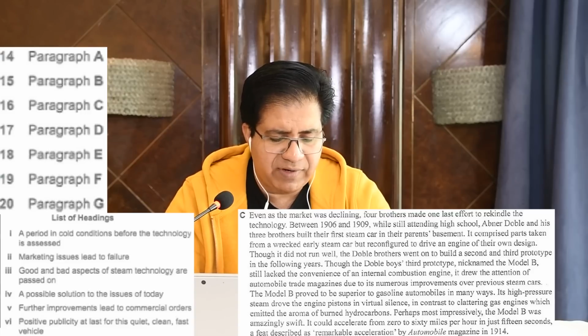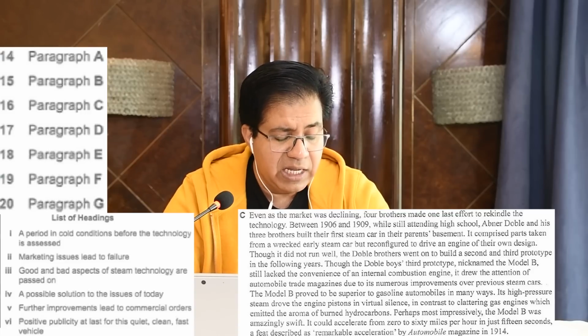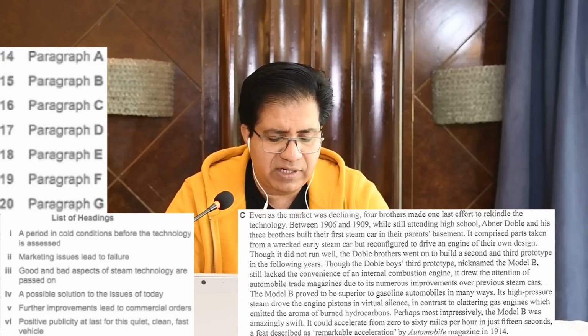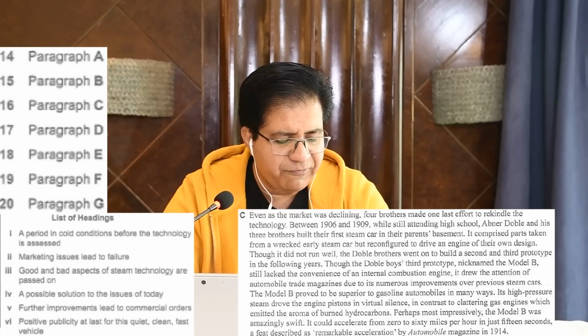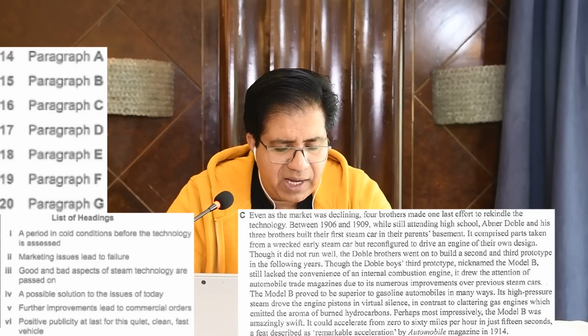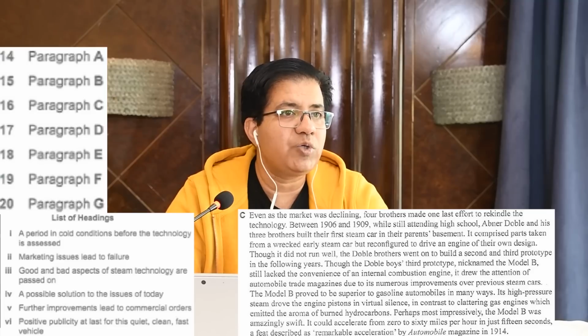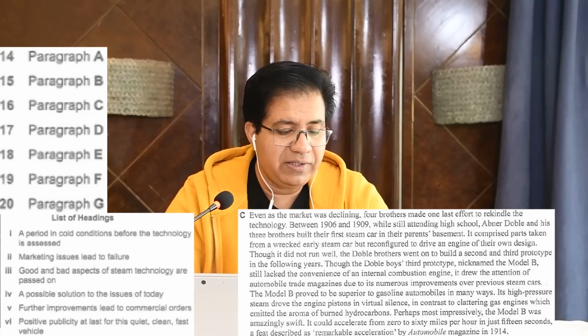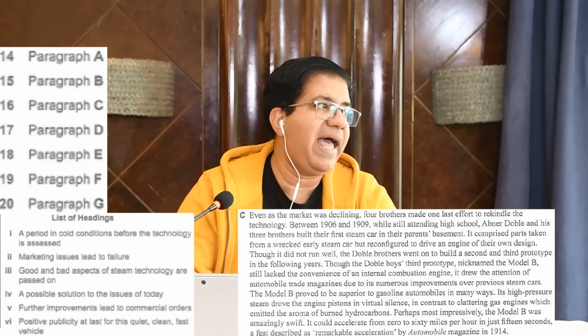Perhaps most impressively, Model B was amazingly swift. It could accelerate from 0 to 60 miles per hour in just 15 seconds, a feat described as remarkable acceleration by Automobile magazine. So it came in the magazine, they improved the speed and all that.